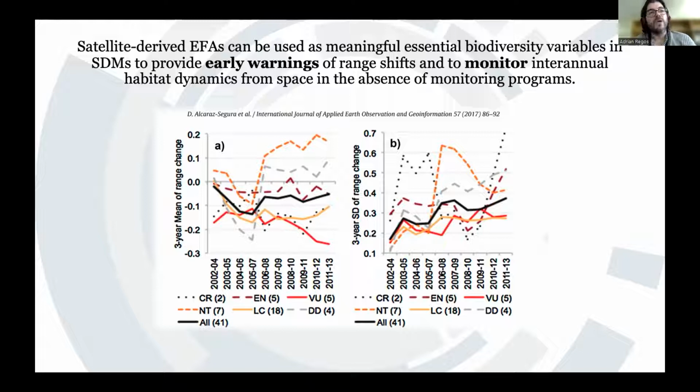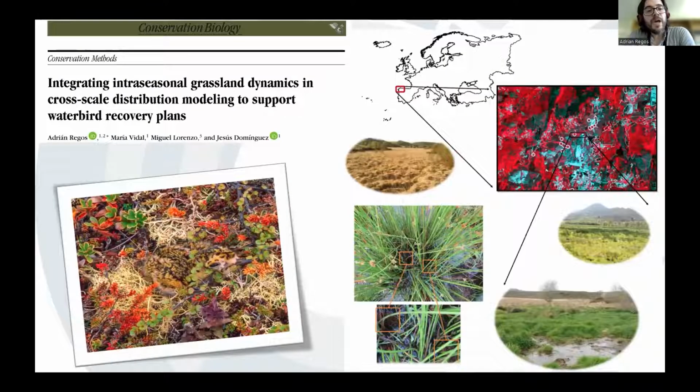They found contrasting patterns because the EFA variables were able to capture not only the effect of climate on primary productivity, but also the effect of local habitat changes caused by observed land use changes. So we have here a very potential tool also to support recovery plans.